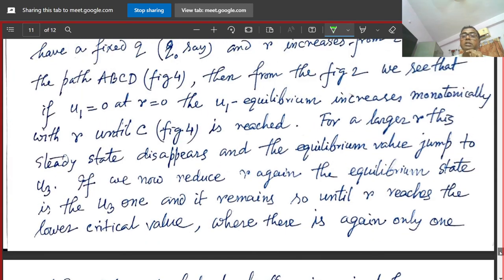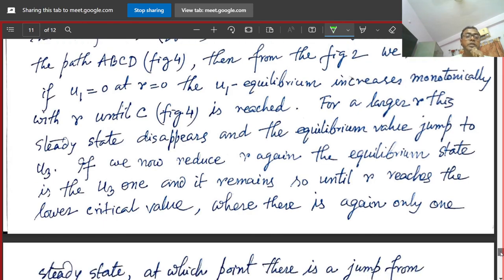For a large R, this steady state disappears and the equilibrium value jumps to u3.